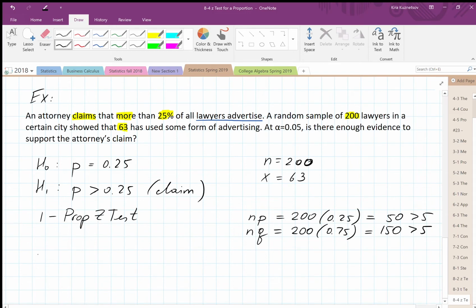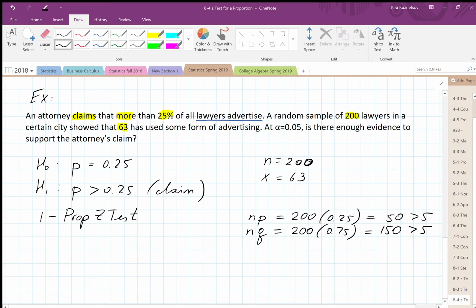So stats, over to tests, down to 1 proportion z-test, and then write down all of the necessary information. 0.25 for your null hypothesis, 63 people who said yes out of 200, and now you have to choose a greater than sign because we are running a right tail test.